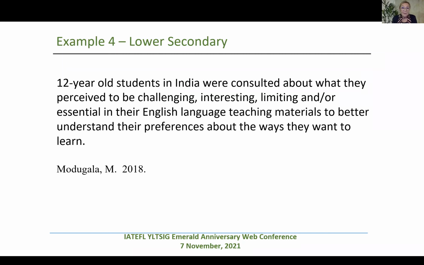Now, this example shows again how Article 12 has been applied. Article 12 gives the children the right to give their opinion and for adults to listen and to take their opinions seriously. And the researcher realized that children were not passive consumers at all.